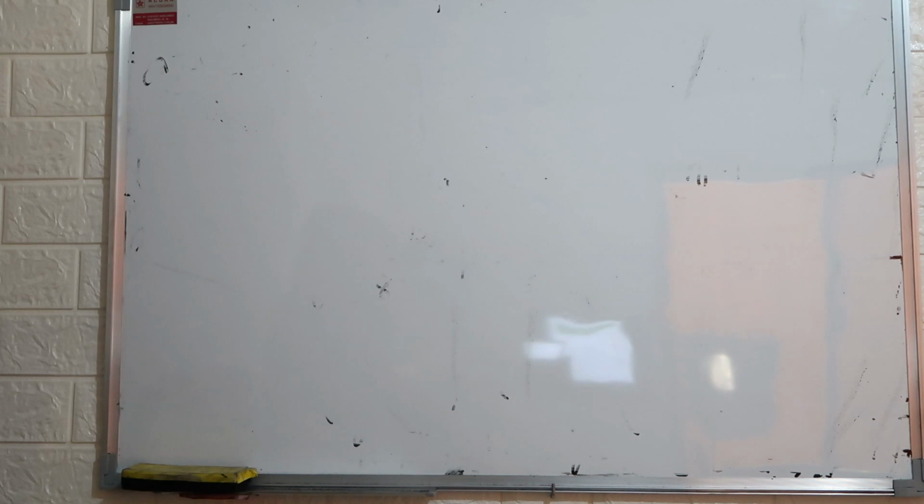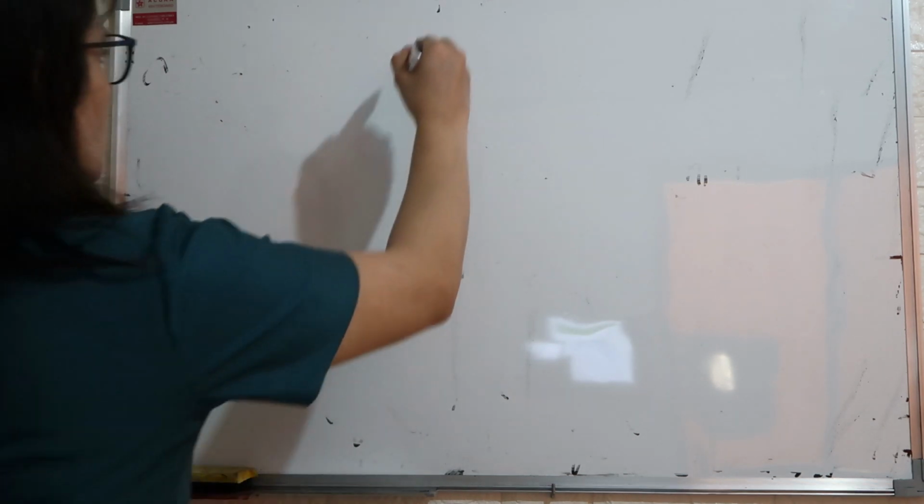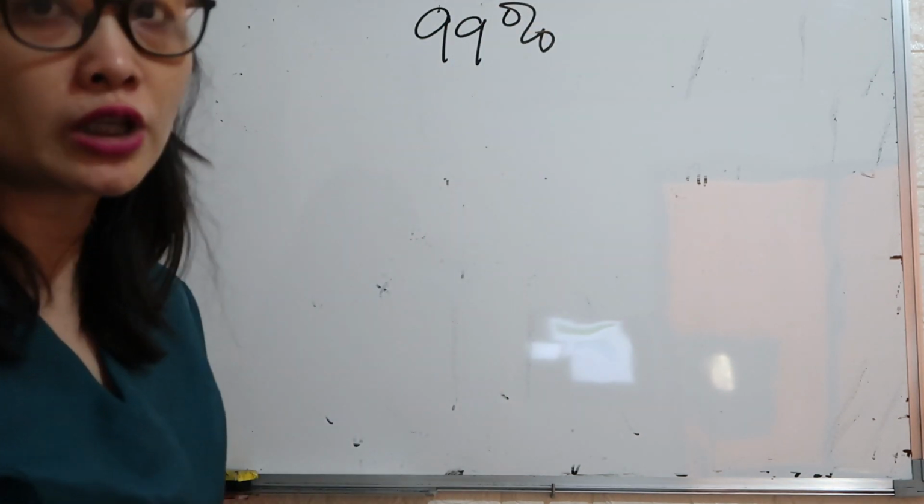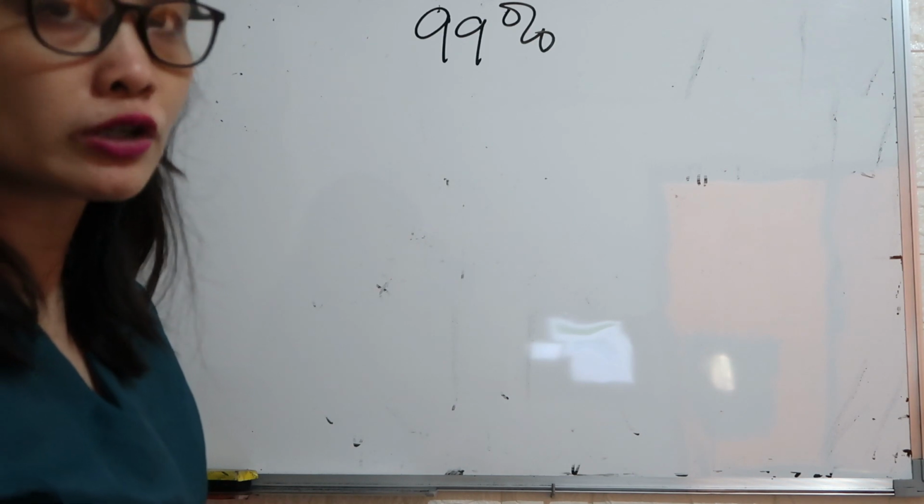So in the given problem, we need to look for the 99%, construct a 99% confidence interval.